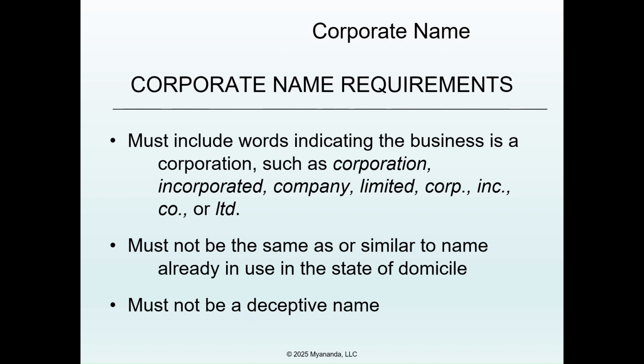In advance, if we're not ready yet to incorporate, some states' Secretary of State or other official might have a way of reserving the name. If there's any doubt the name might be acceptable when the articles of incorporation are filed, then we might want to do that.